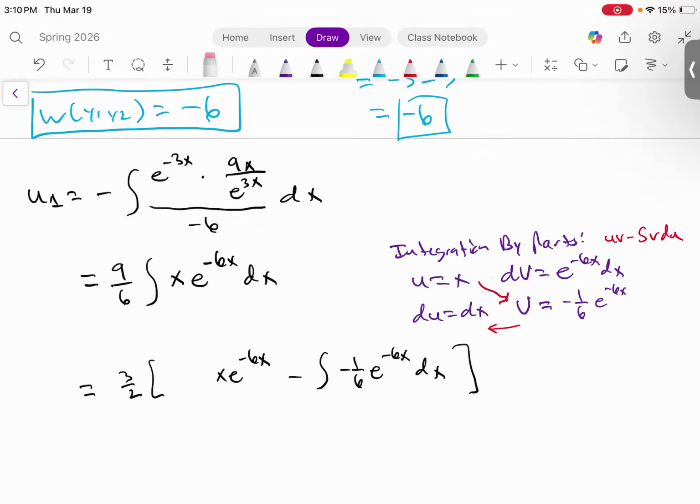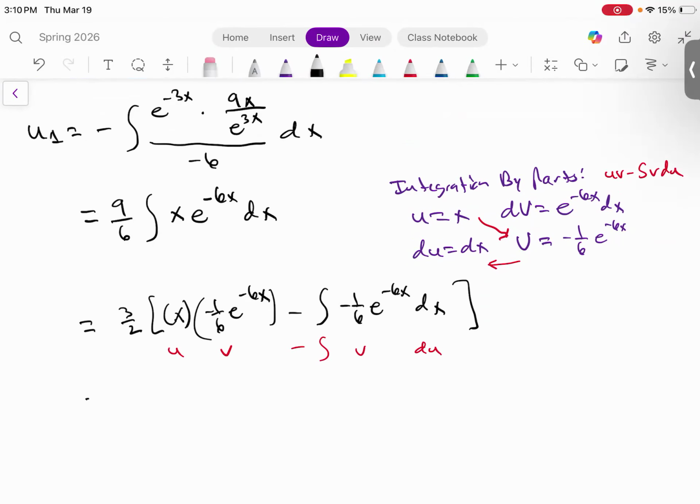Well, maybe I jumped a step a bit. Maybe I could backtrack. Negative 1/6 times just x, uv minus integral v du. So let's clean some of this up like I did previously, but maybe I was skipping a couple of steps. So negative 1/6 x e to negative 6x, this is plus 1/6 integral e to the negative 6x dx.